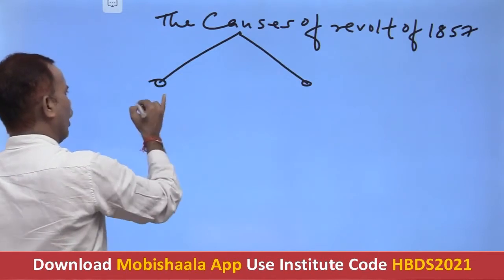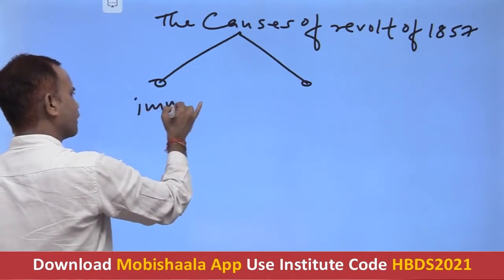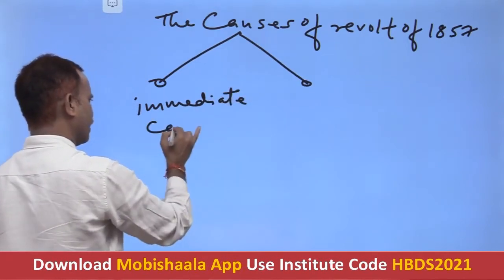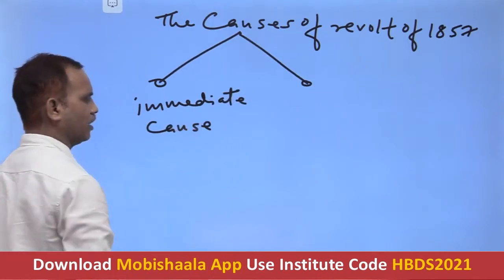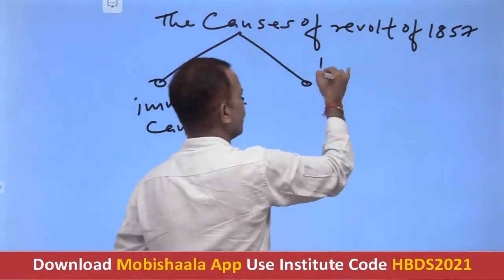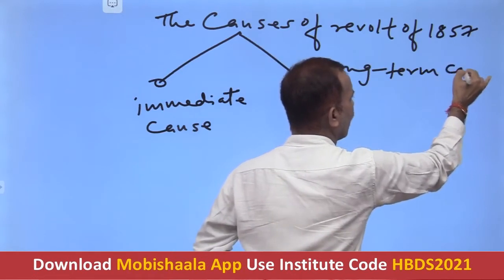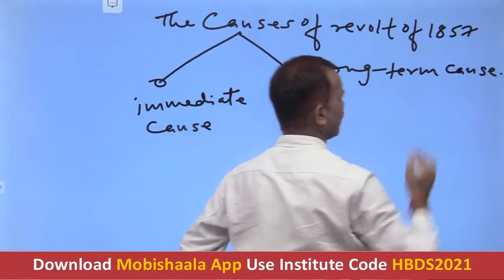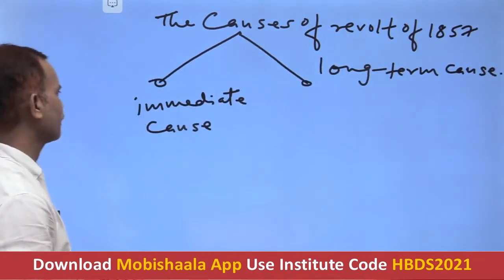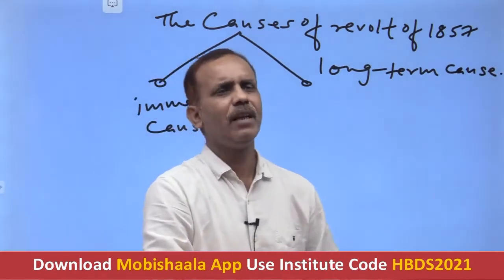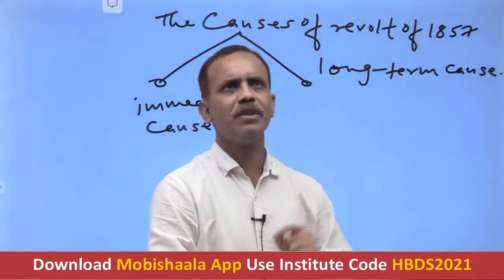One was immediate cause, and second was the long-term cause. Right. Let us first explain the immediate cause of this revolt.